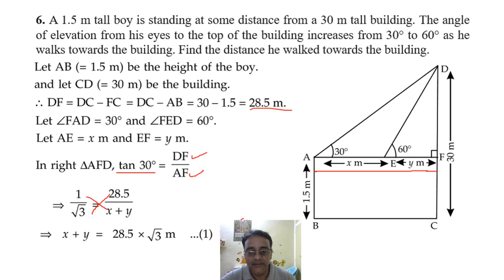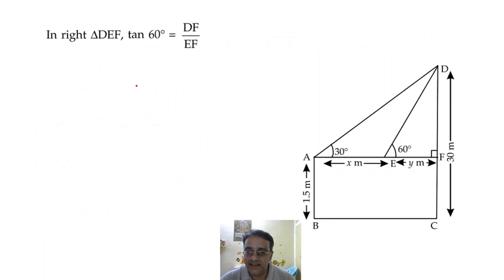Okay, now we'll move towards the next triangle, that is triangle DEF. Tan 60 degree is equals to DF upon EF. What is the value of tan 60 degree? Root 3. And DF is 28.5 and this is Y. So root 3 is equals to 28.5 upon Y. Interchange these two.